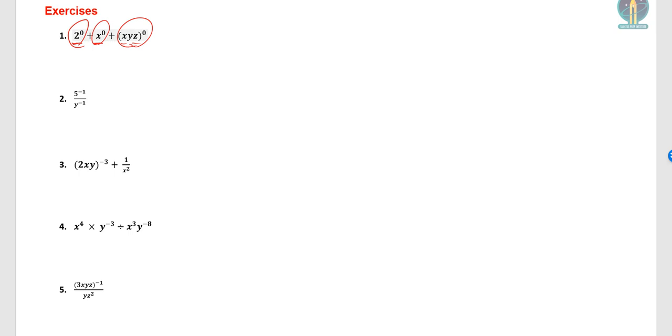So each one of them is going to be equal to 1. So 2 to the 0 is equal to 1, plus x to the 0 is equal to 1, plus x, y, z all to the 0 is equal to 1. So I have 1 plus 1 plus 1, which gives me 3. So the answer is 3.